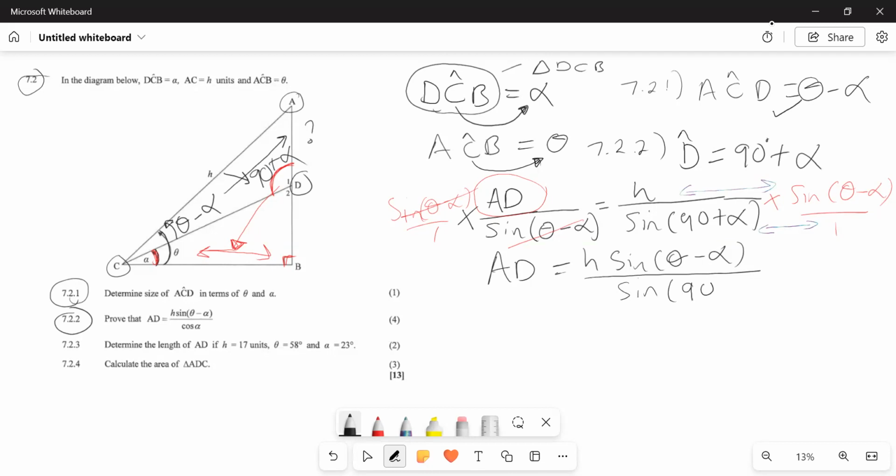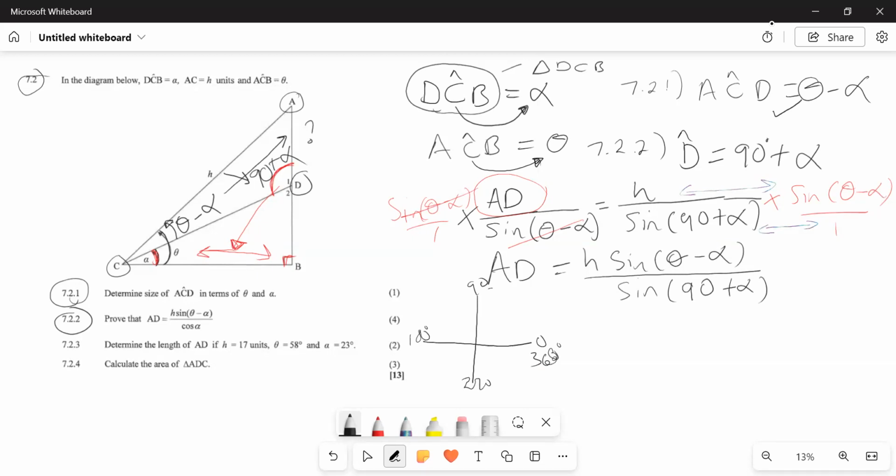So we have sine 90 plus alpha there. As from there, according to the CAST diagram, we have 0, 90, 180, 270, 360 there, né?